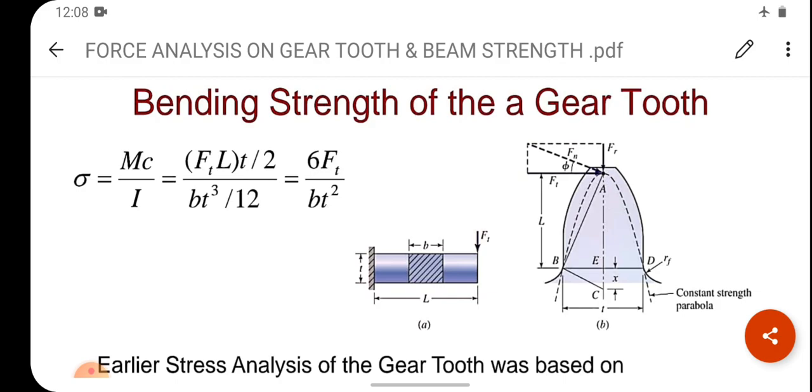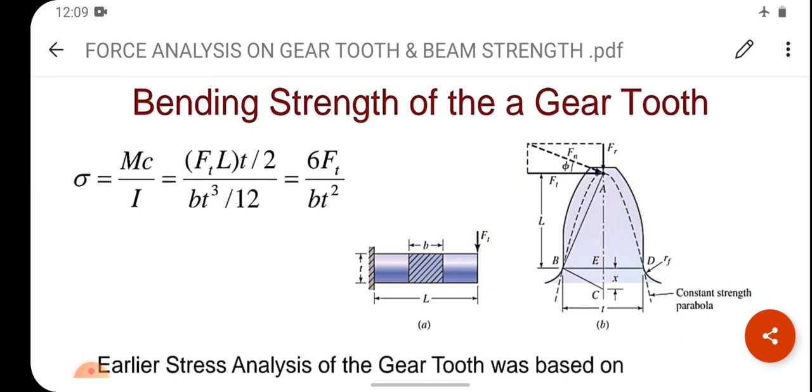You know the bending moment in case of cantilever, that is W into L. Here W is nothing but Ft. So Ft into the length from free end to fixed end, that is Ft into L. C is Y, the distance of the extreme fiber from the neutral axis, that is T by 2. I is the moment of inertia about the neutral axis, that is Bt cube upon 12. After simplifying, we will get 6 Ft upon Bt square.